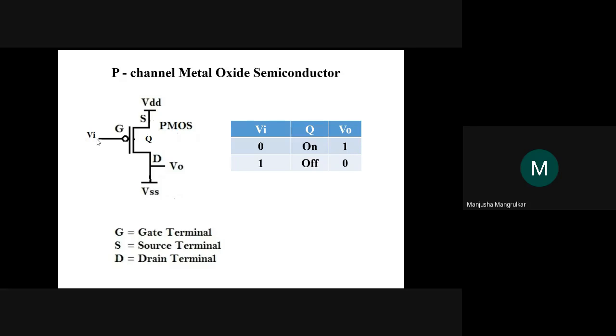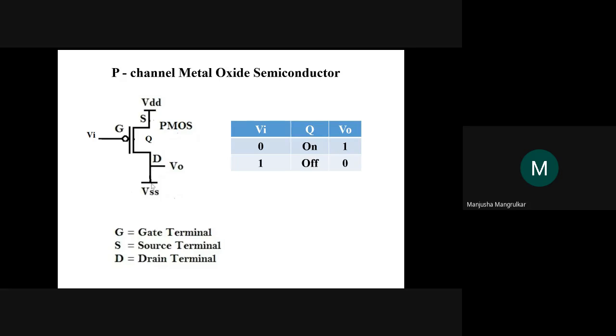If you are giving 1 here, it is inverted, right? So the transistor will get 0 at the terminal. So your transistor Q is off. If it is off, your source voltage is not connected to the output voltage, your output voltage is connected to the ground.